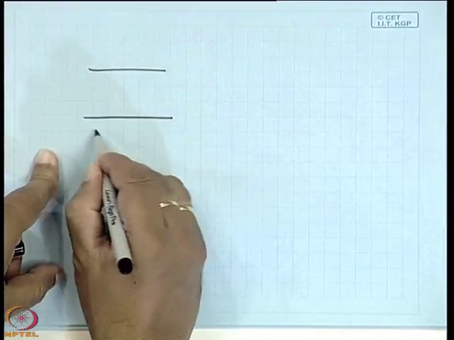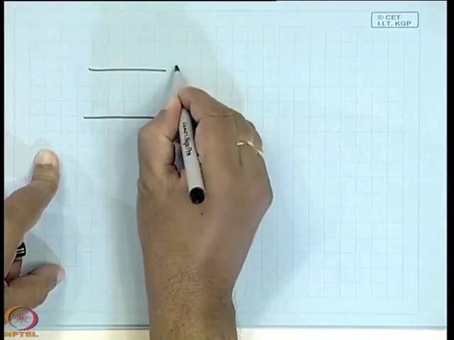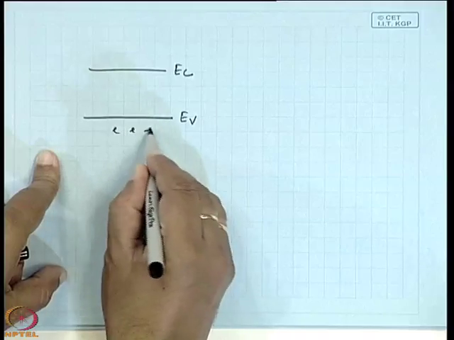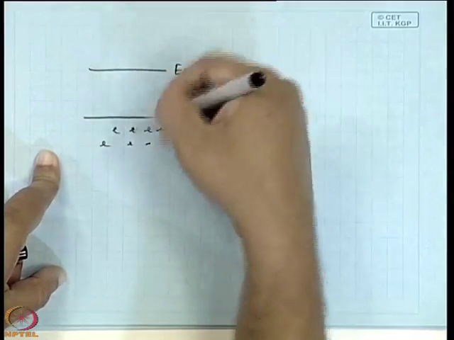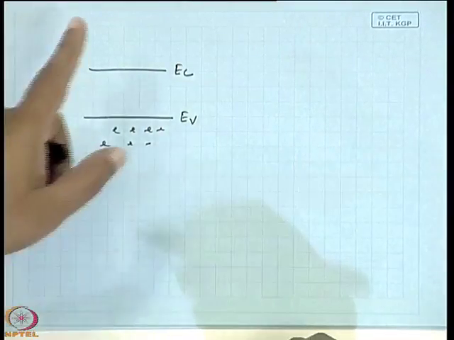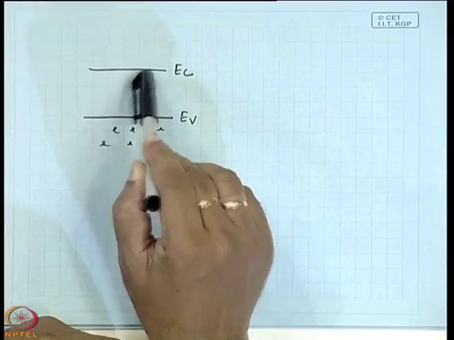If you excite the electrons, they will move to the conduction band. That will depend on the number of available states in the conduction band, that is the density of states per unit volume, which is why it is known as density. So, it will depend on the density of states.